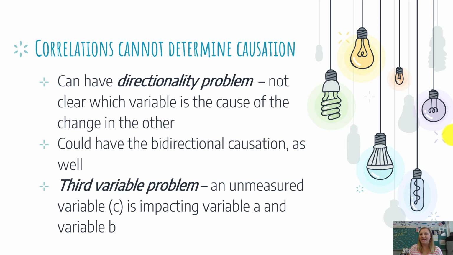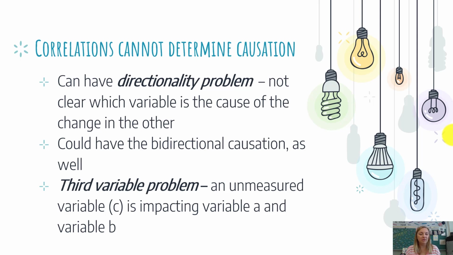One other reason why we can't determine causation is because of the third variable problem. A third variable is an unmeasured variable, we're going to call it C, that's impacting variable A and variable B. In our example of sugar and energy, maybe it's the amount of sleep that someone is getting that is actually impacting the amount of sugar that they're consuming and the amount of energy that they have.